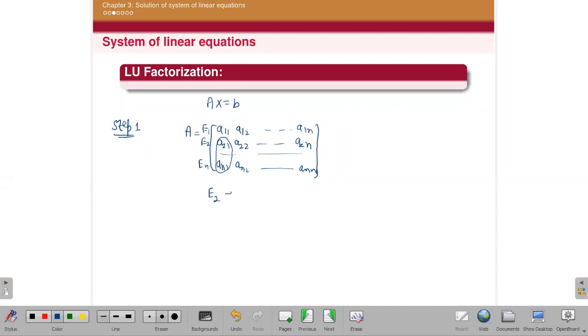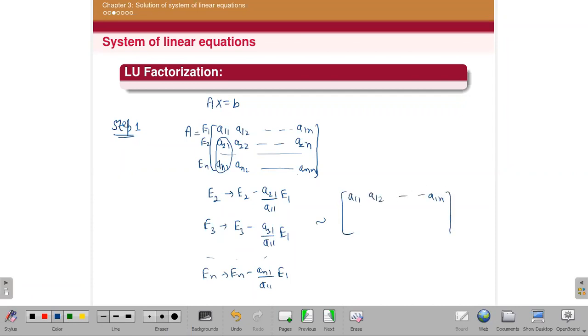So here I apply the operations, that is E2 minus A21 by A11 into E1, then E3 minus A31 by A11 into E1, and so on up to EN minus AN1 by A11 into E1. So that will reduce the matrix into A11, A12, A1N, then 0, A22 star, whose entry will change, A2N star, AN2 star, then ANN star.